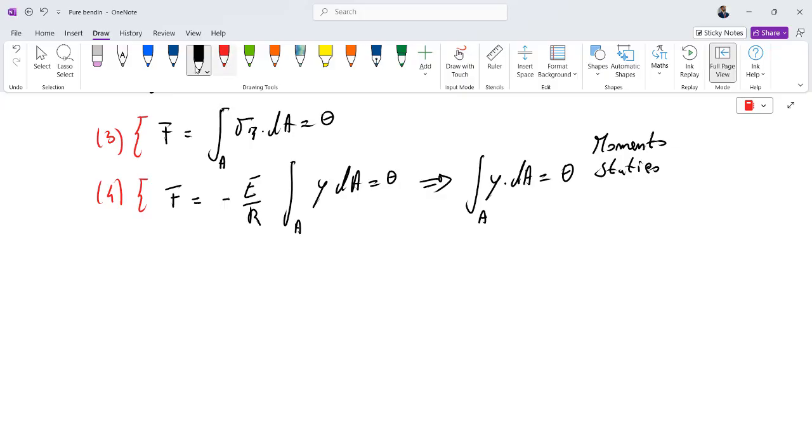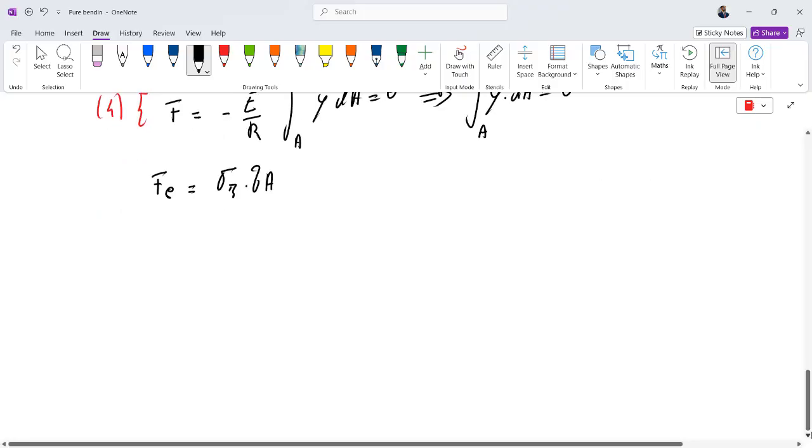So we can write that this compression force is equal to sigma z times delta A. Remember that this is not an integral, because delta A is a small strip area, but sigma z times an area is equal to a force.